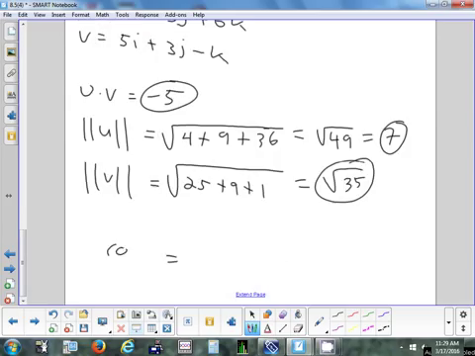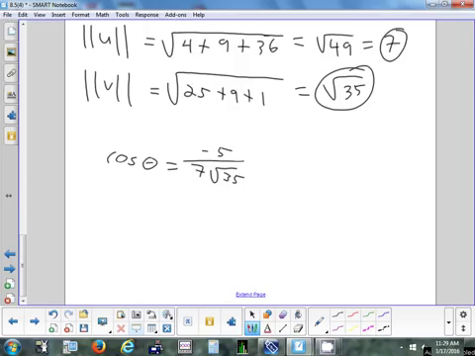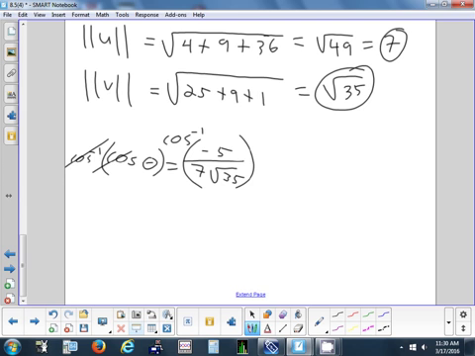Cosine theta equals negative 5 over 7 square root 35. Good. And to get theta by itself, take the inverse cosine of what's on the left and what's on the right.